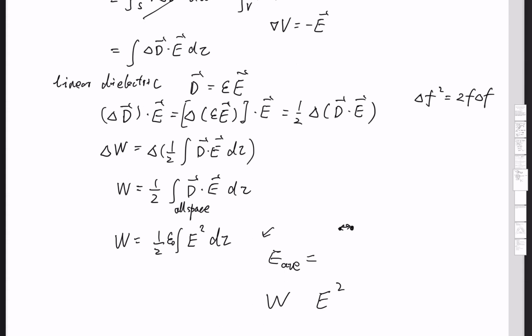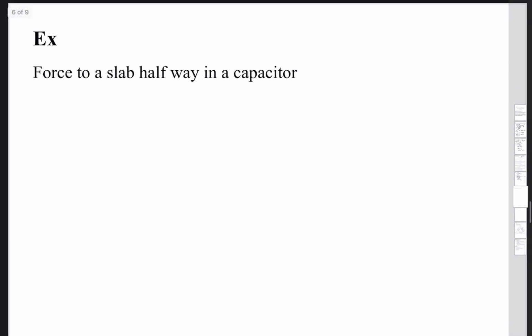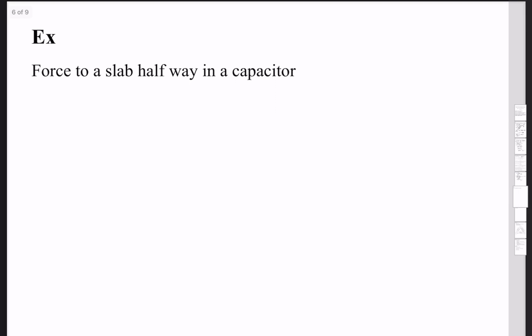Okay, so let's try to calculate an exercise of applying this energy expression.